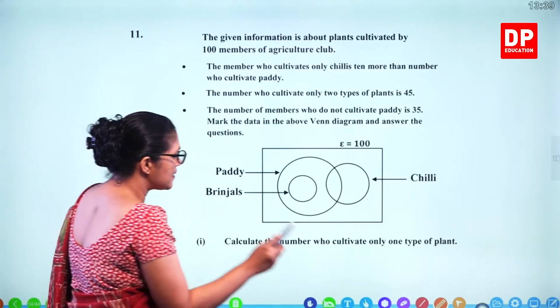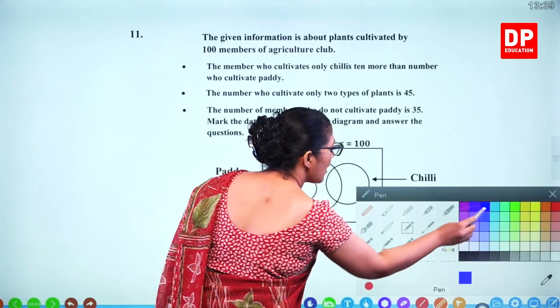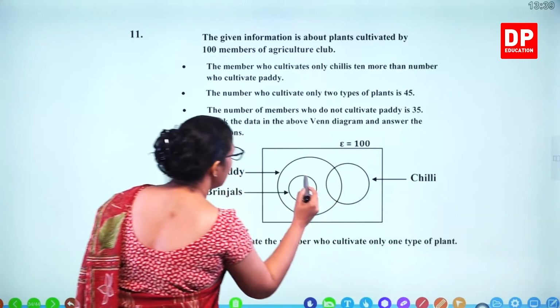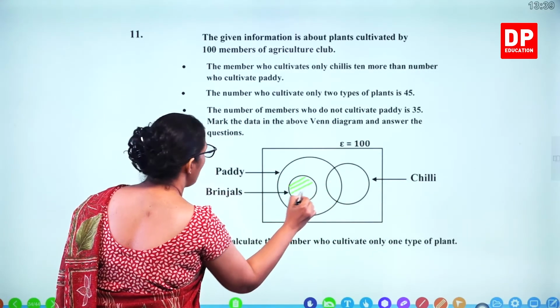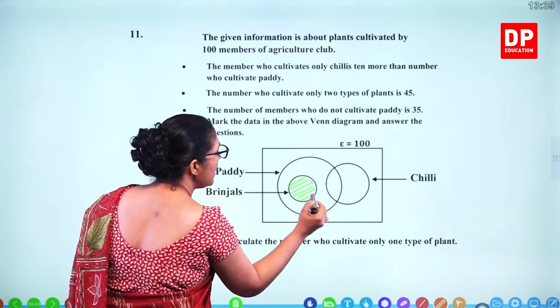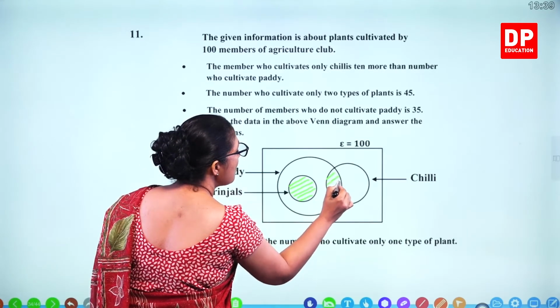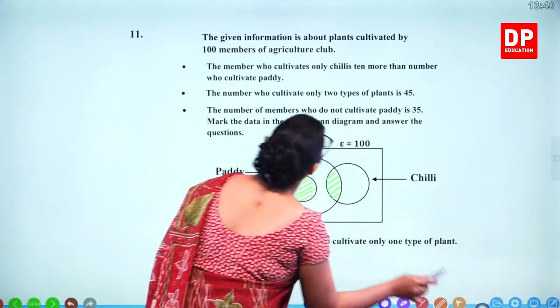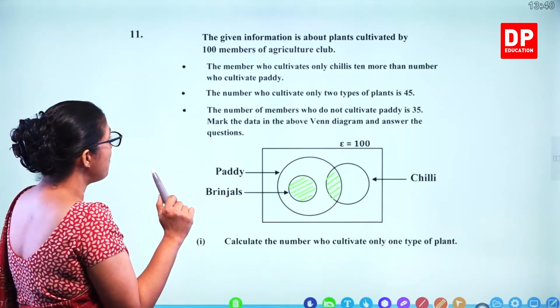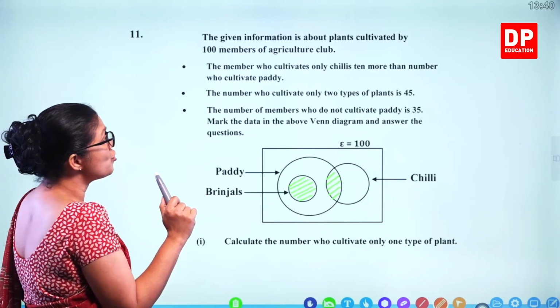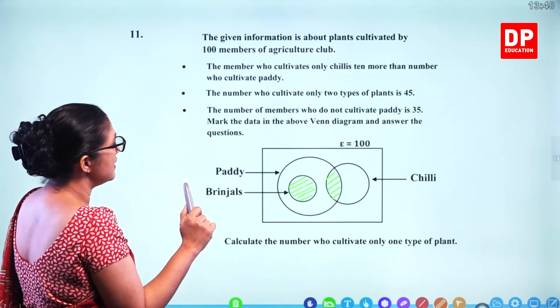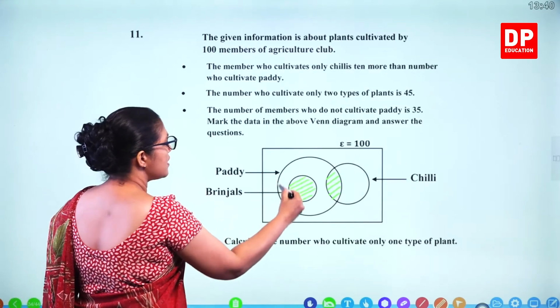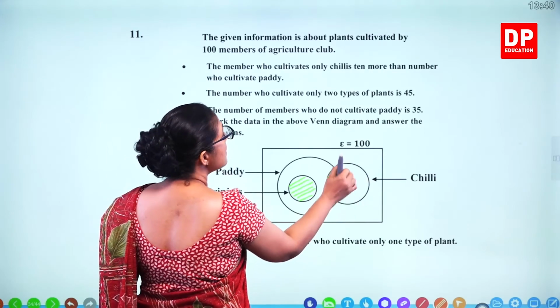And the number who cultivate only 2 types of plants is 45. So that means I can shade it like this part is brinjals and paddy. And this part is chili and paddy. So both 2 are 45. The number of members who do not cultivate paddy is 35.